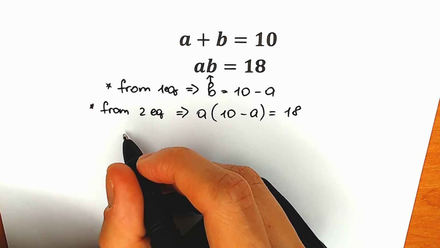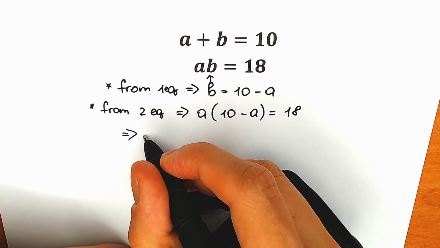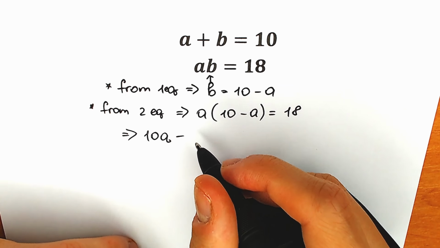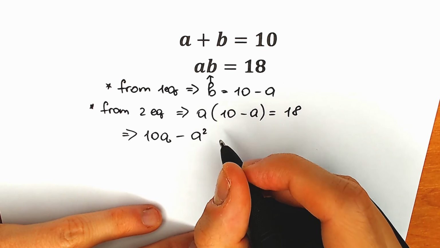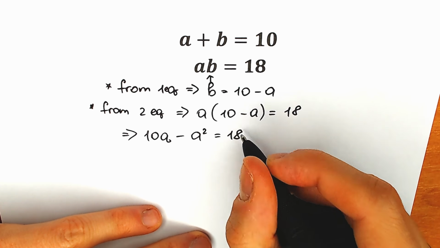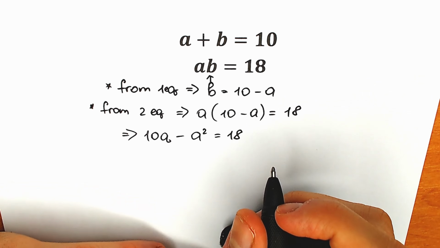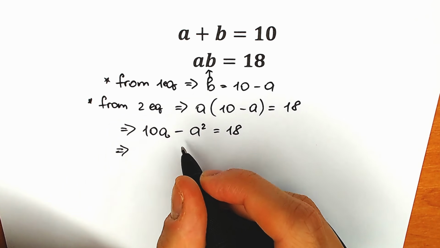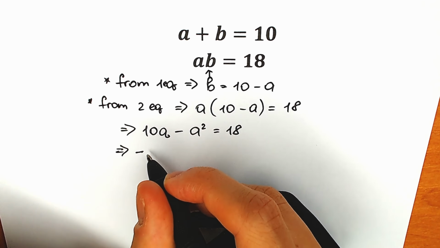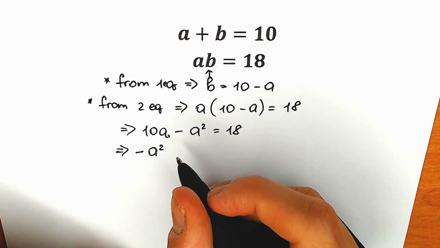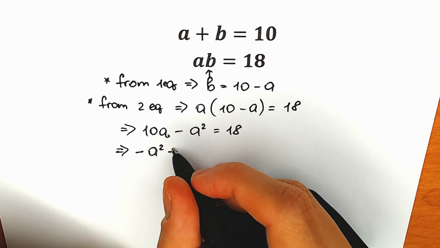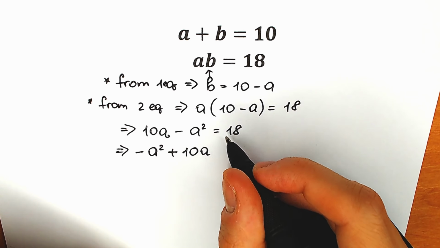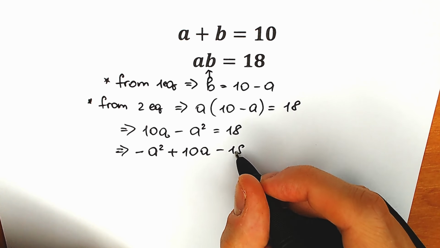But let's check. First of all, we have 10a minus a times a, minus a square, equal to 18. Yes, this is a quadratic equation, but we prefer a little bit different order, with a square in the first position. So let's put minus a square first, secondly plus 10a, and minus 18 from the right side, so we have minus 18 equal to 0.